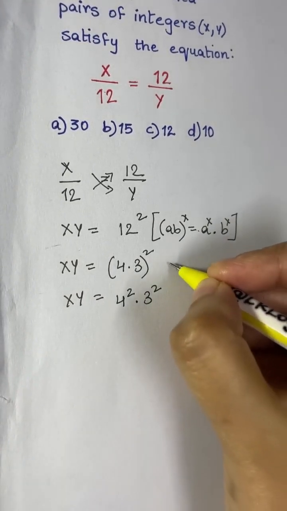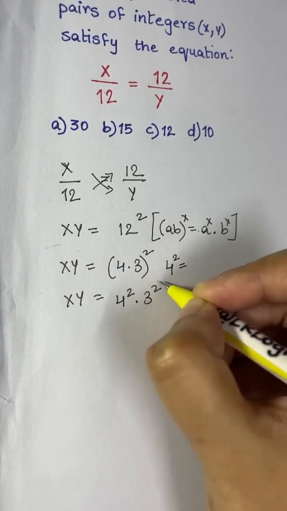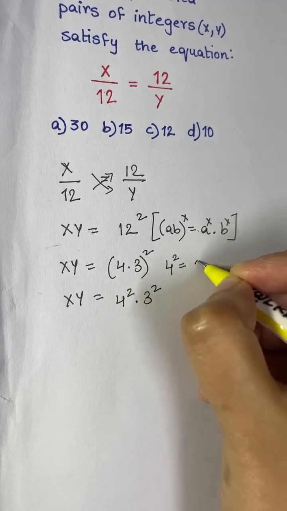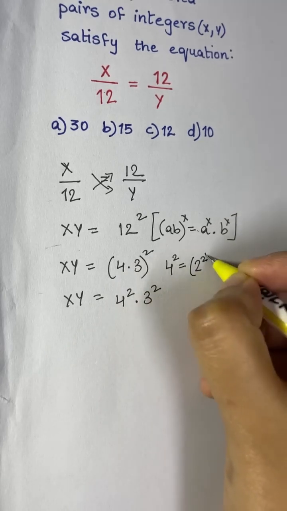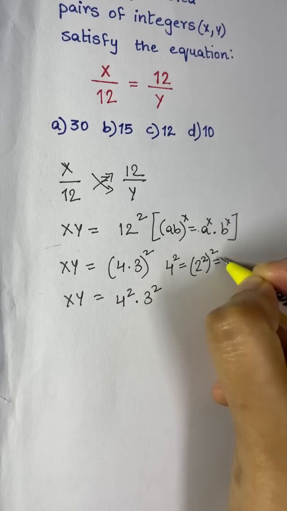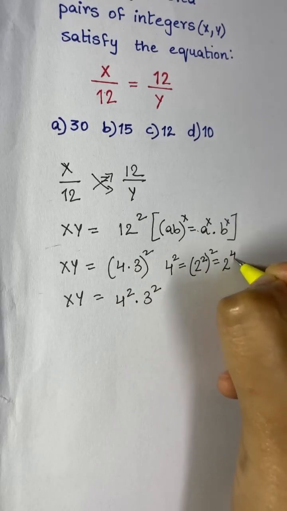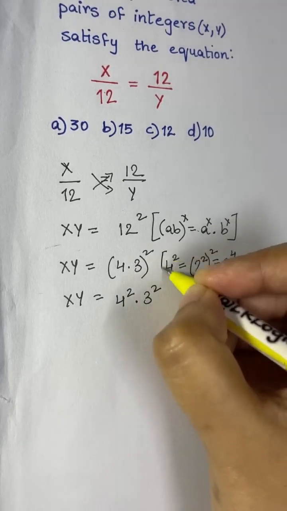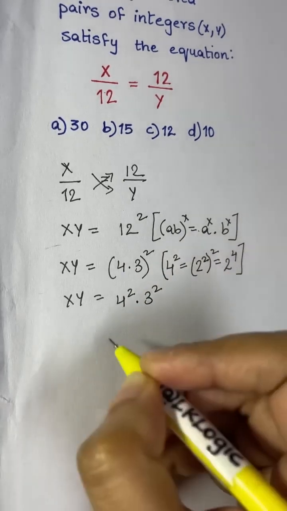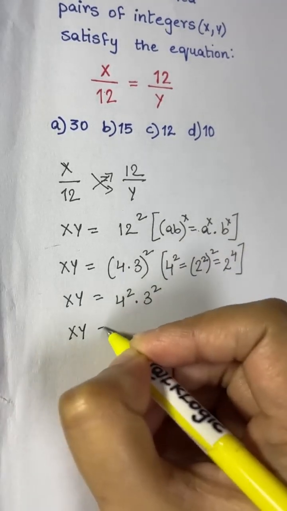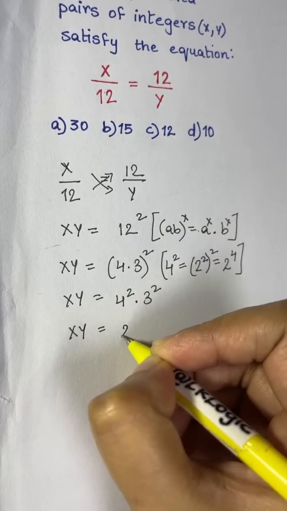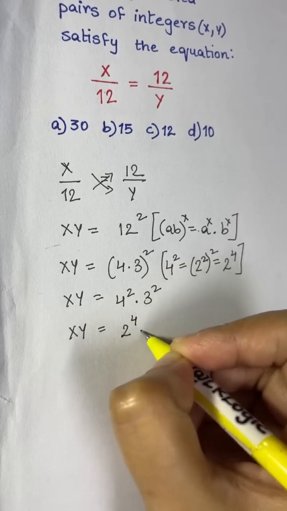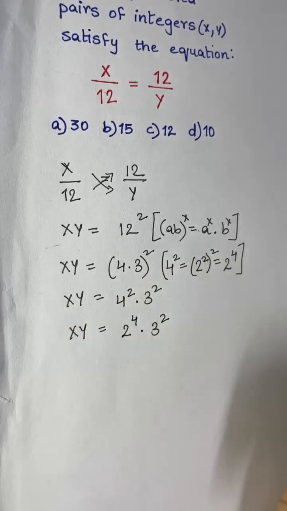We can split 4 squared again. 4 can be written as 2 squared, the whole square, which is equal to 2 to the power of 4. So we can even write 4 squared as 2 to the power of 4. So let's write it down: xy is equal to 2 to the power of 4 times 3 squared.